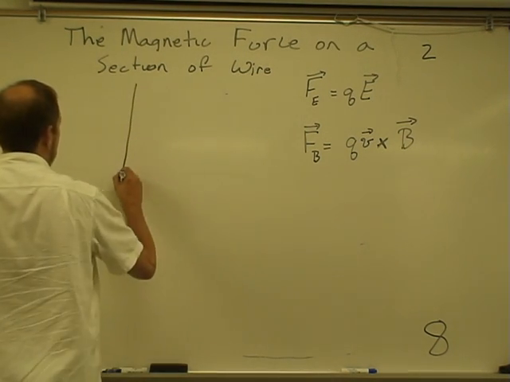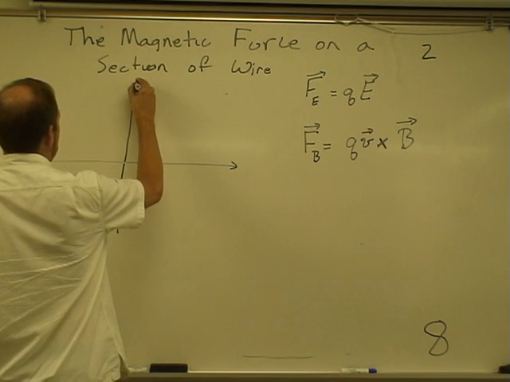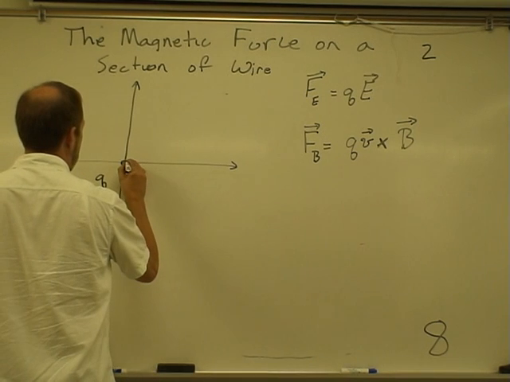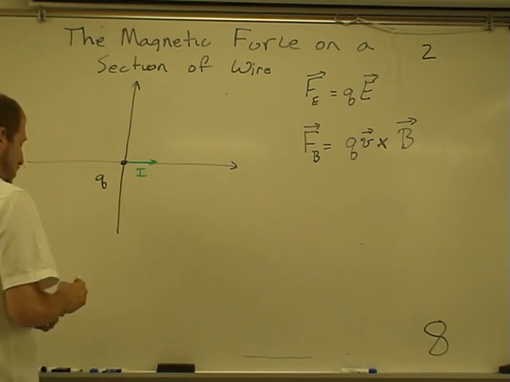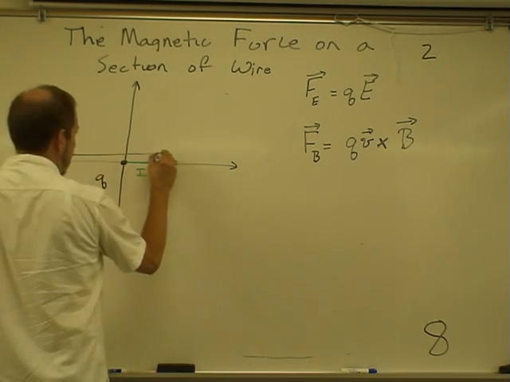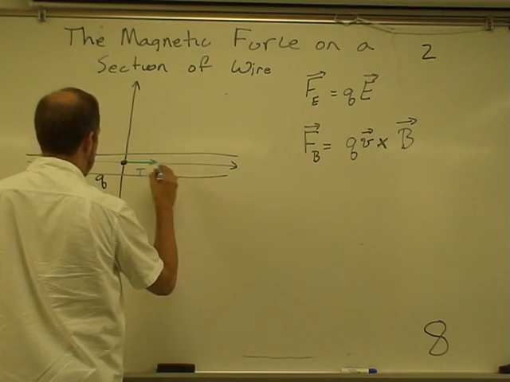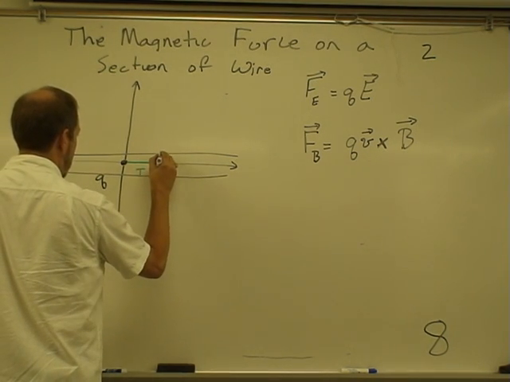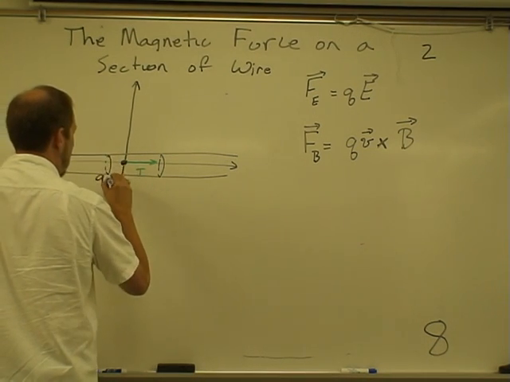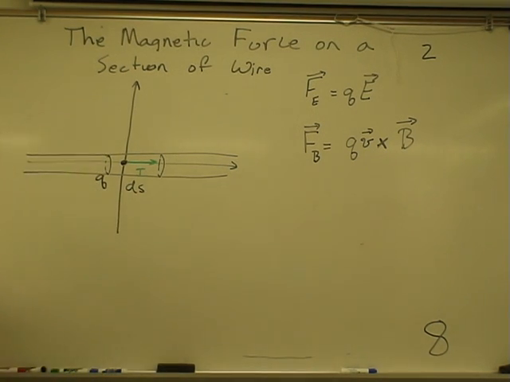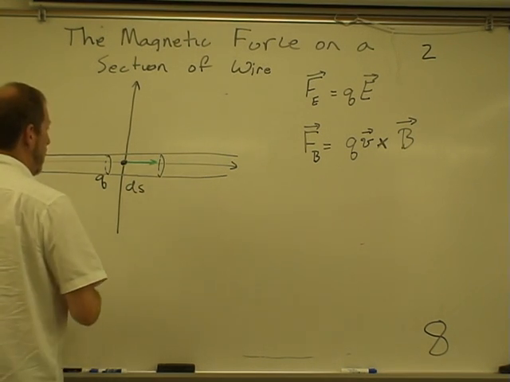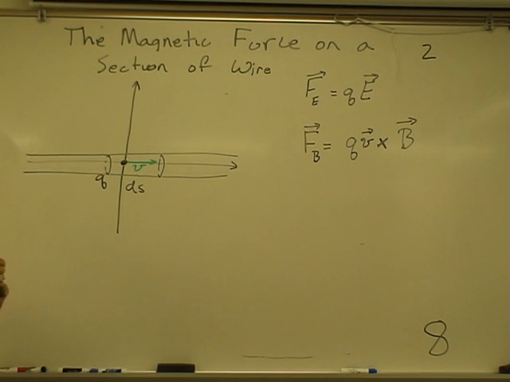But suppose that instead of that moving charged particle, what I'm actually looking at is some tiny section of a wire.